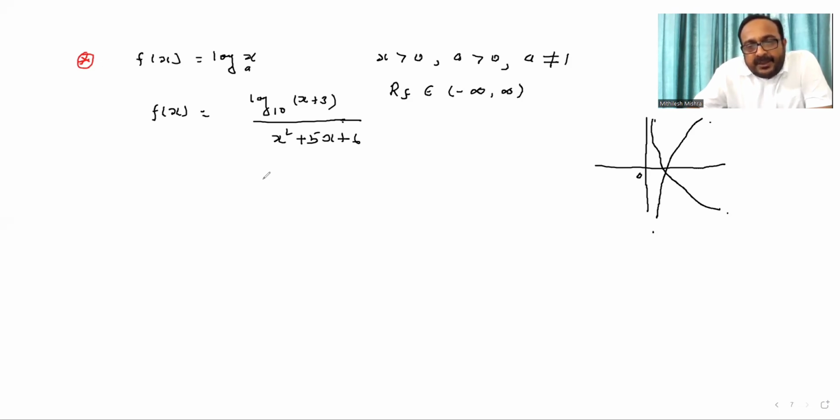To find the domain, x square plus 5x plus 6 should not be 0. In one of the points, it was explained, the denominator should not be 0.